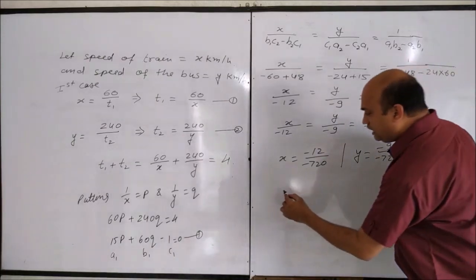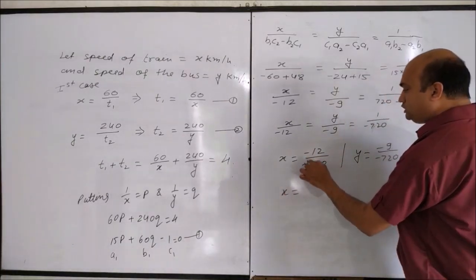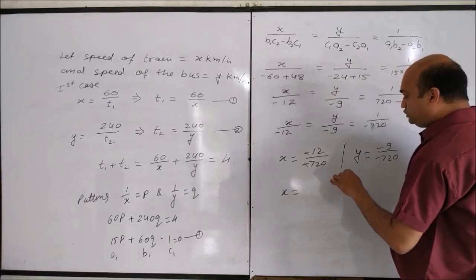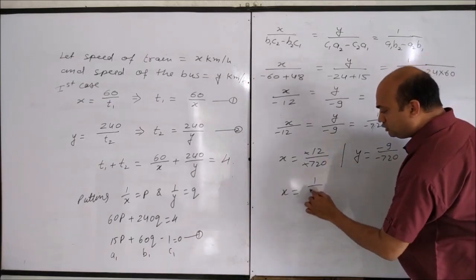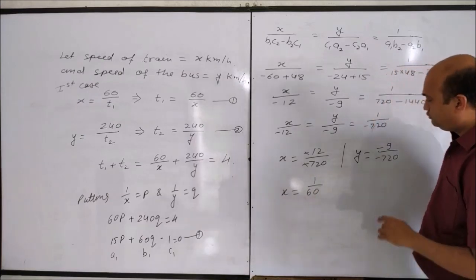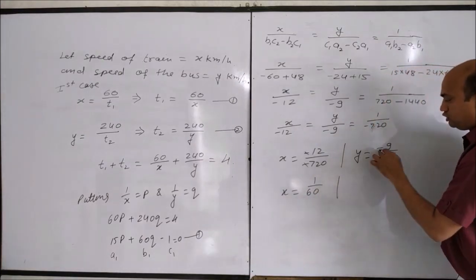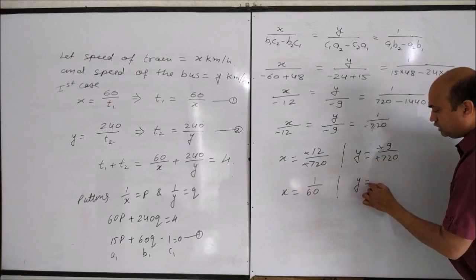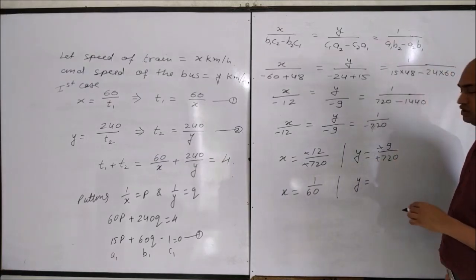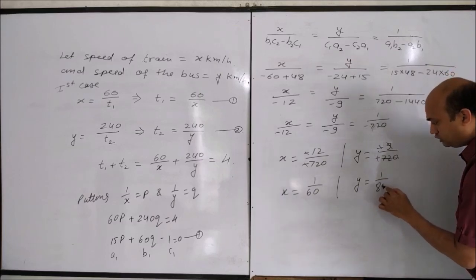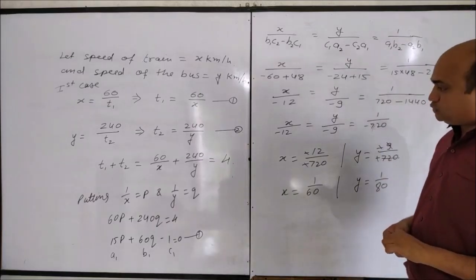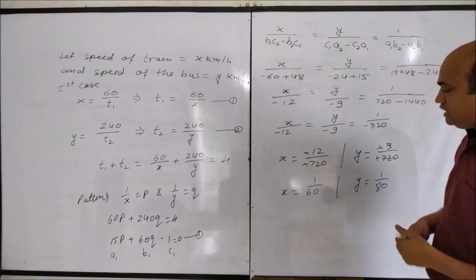So x is, you see, this minus we cancel, and by 12, 720 we cancel, 60 we get, and here also minus we cancel, and by 9, 72 we cancel, this will be 1 upon 80.